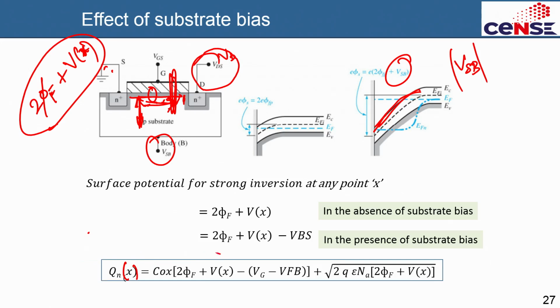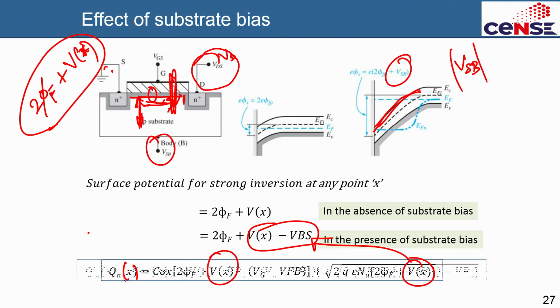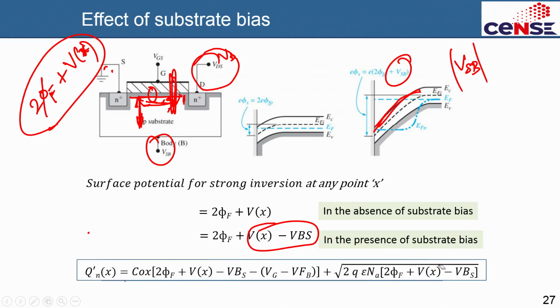In the presence of body bias, this quantity will be replaced by this quantity, and this quantity also will be replaced by that quantity. So, it will become like this. You see, it has become like this. So, you have Vx minus Vbs, and then again Vx minus Vbs that you have.